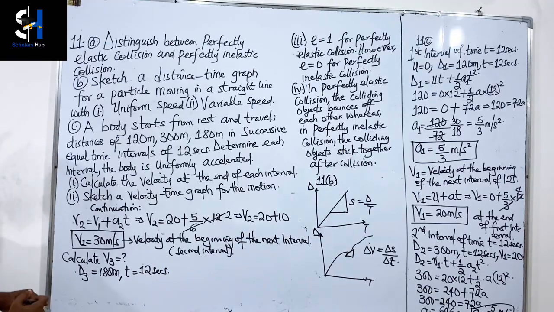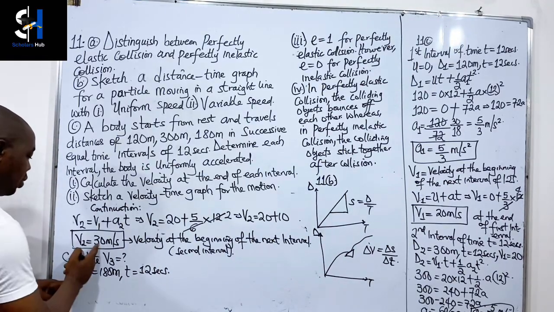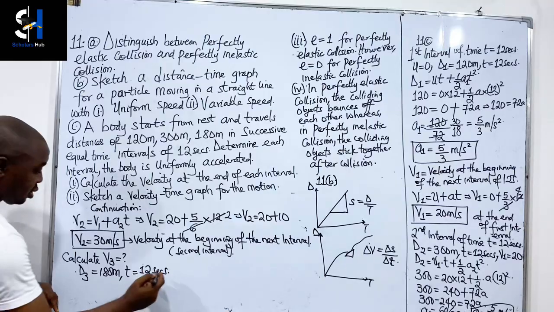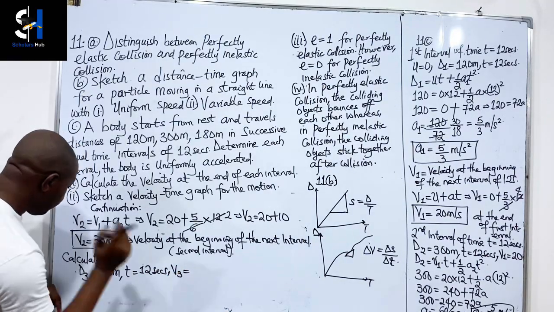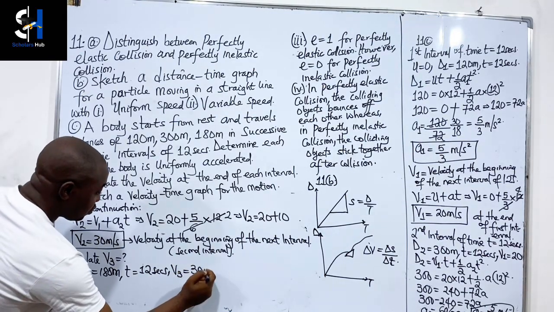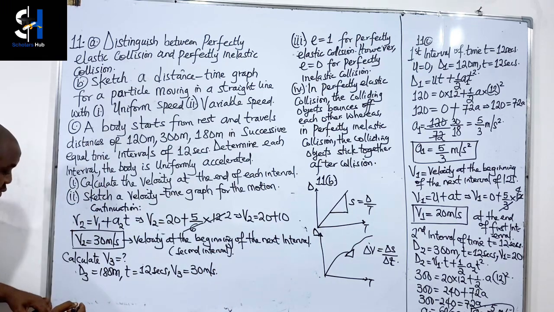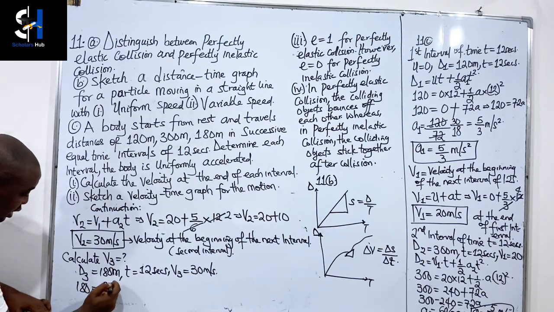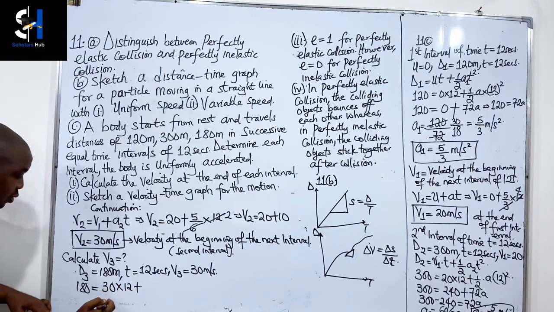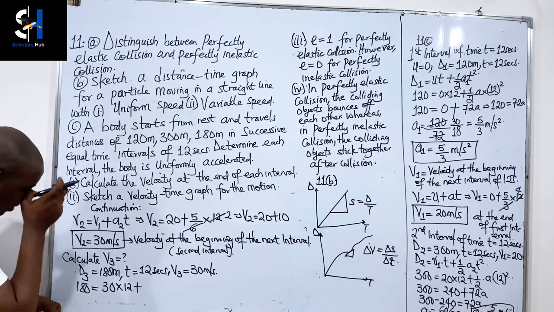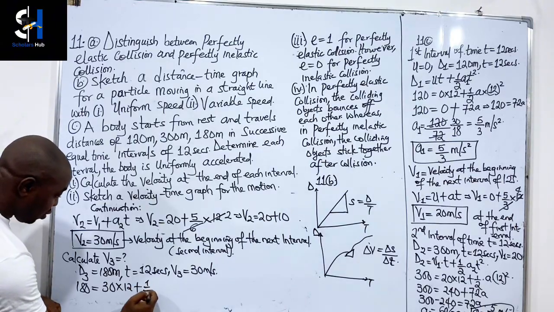We are using 30 in this case, so we are going to use v2 to be equal to 30 meters per second. So this will be 180 equals 30 multiplied by 12, then one half of the acceleration.